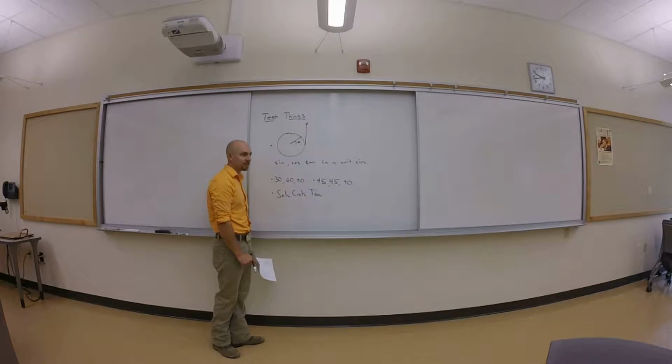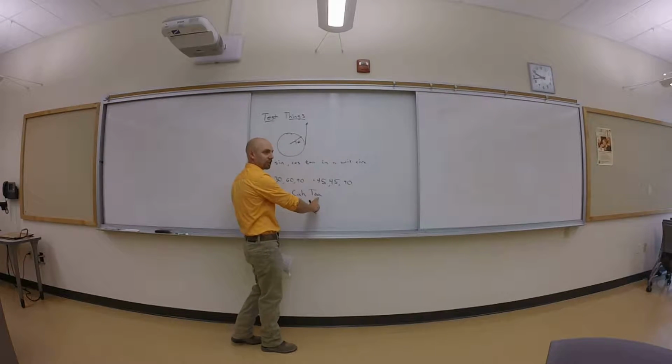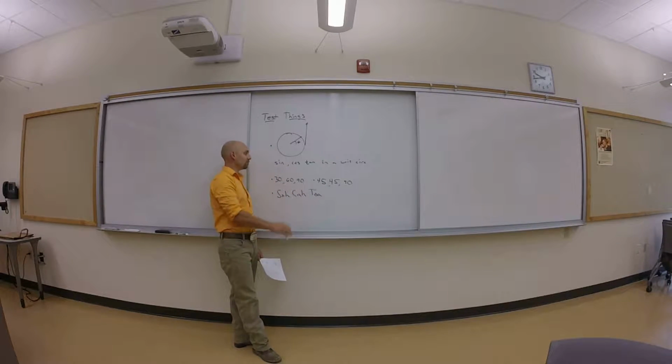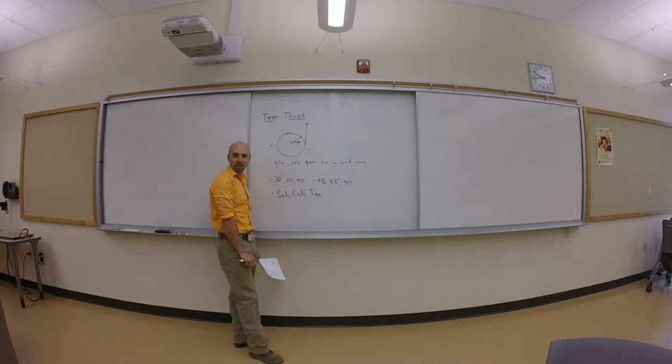The cosine is the adjacent over the hypotenuse and tangent is the opposite over the adjacent. I expect you to be able to use that and these pieces of information to get sine, cosine, and tangent for all the standard angles. You guys cool with that?